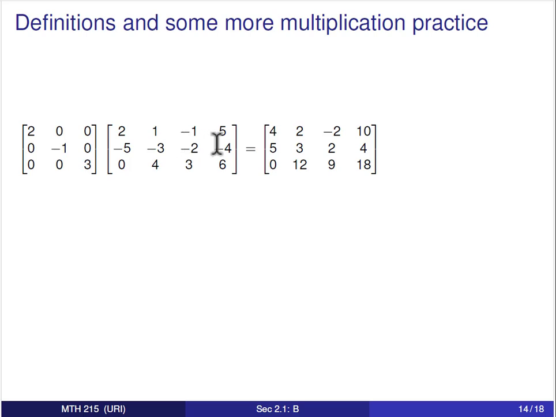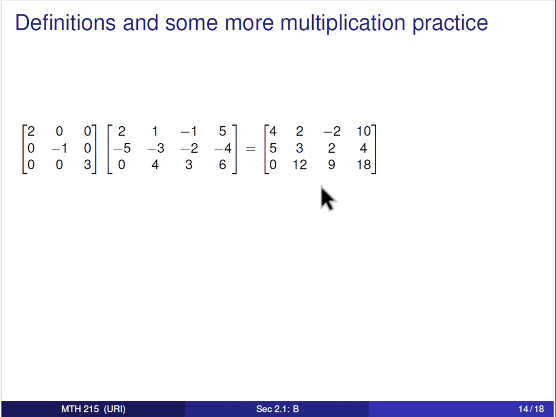The middle row looks like the middle row of the other side. It's just that the signs are changed, and that corresponds to that -1 there. And the 2 looks like it got multiplied onto the first row, making it 4, 2, -2, and 10.